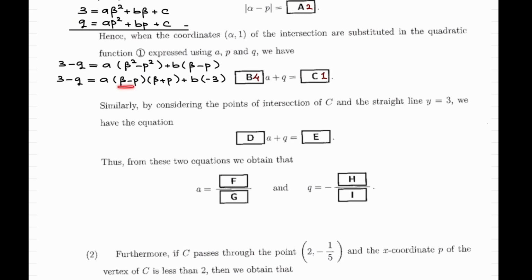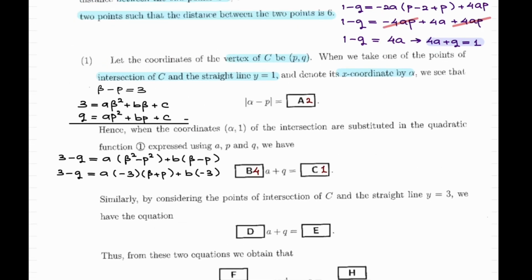This beta minus P is also negative 3. I think I will substitute it directly into this equation. Then for beta plus P, you can use the fact that beta minus P is equal to negative 3, so beta is equal to P minus 3.